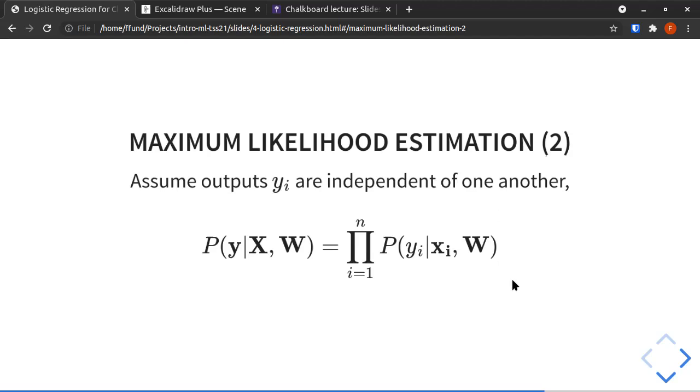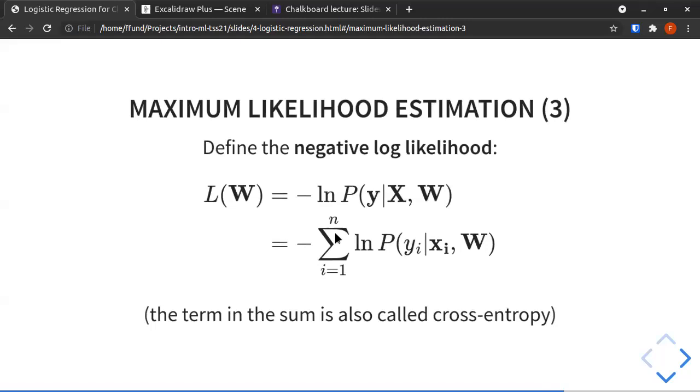Now, products are not so friendly to work with. We prefer to work with sums. How do we turn this into a sum? To turn it into a sum, we're going to take the log of both sides. The log has this property that the log of products is equal to the sum of the logs. So we're going to take the log of both sides, and we're also going to make both sides negative.